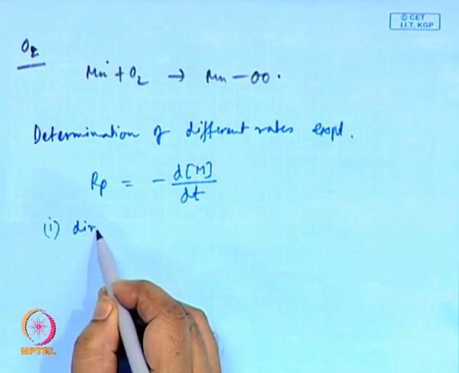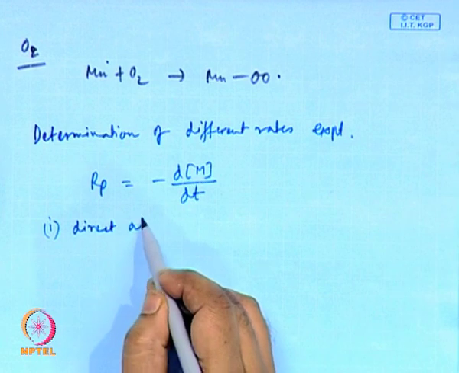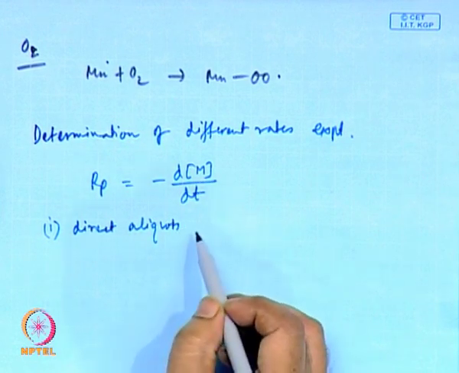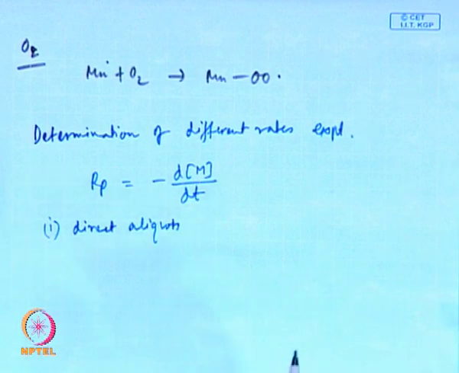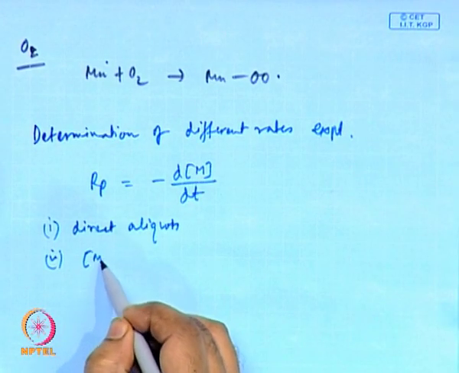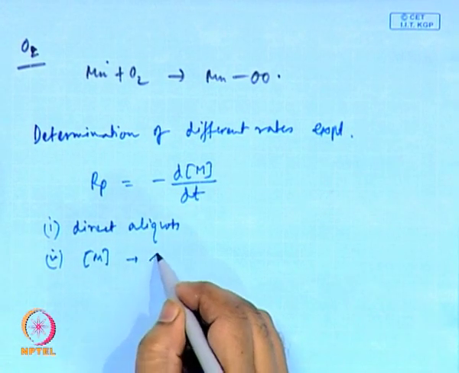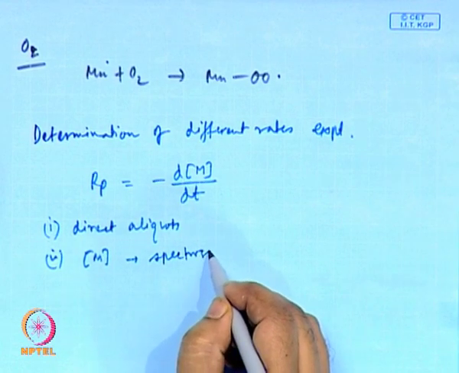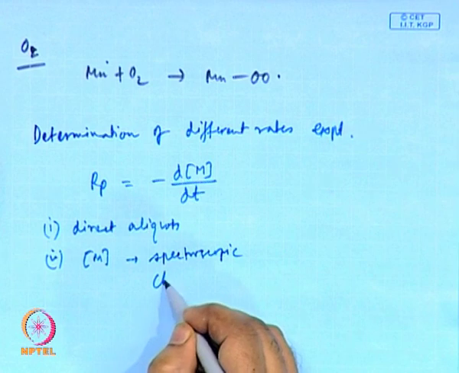You can directly do it from a solution, so direct aliquots can be taken at different times and the polymer can be precipitated out from the reaction. Second, you can directly measure the concentration either by a spectroscopic technique or by chemical techniques.